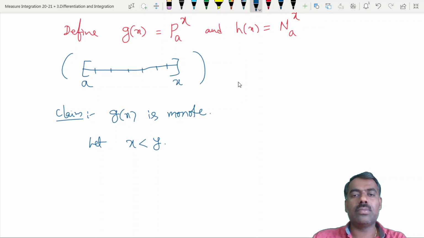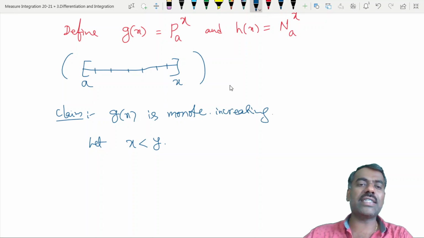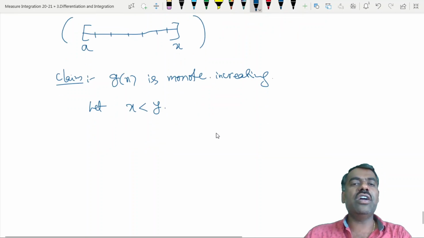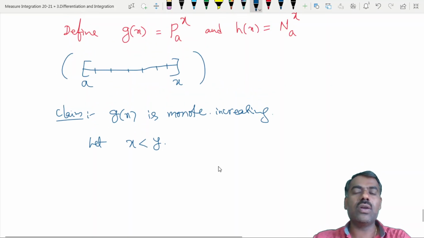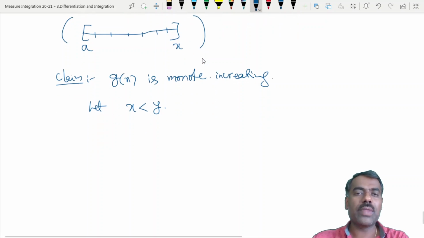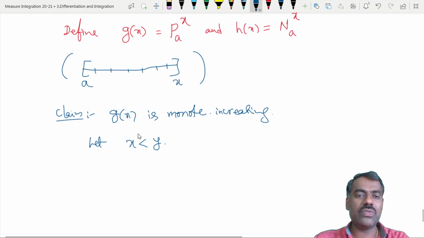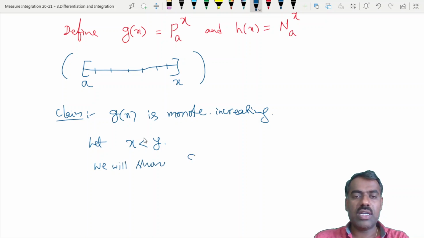So if we want to show that g of x is less than or equal to g of y, we want to consider this capital P_A^x and capital P_A^y. Is that clear?